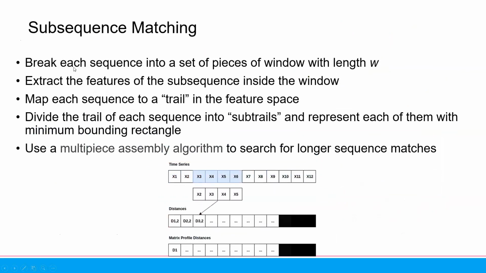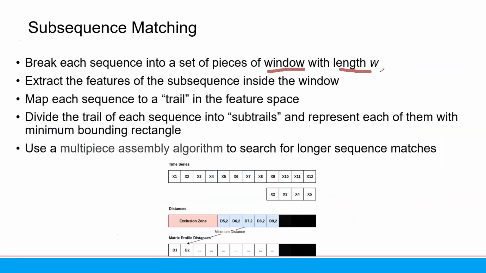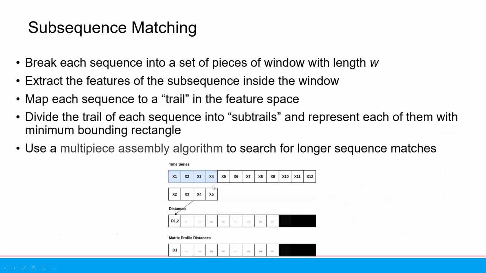So we can break the sequence into a set of pieces of window with length W. So we call it window, and we have the length W. And then extract the features of the subsequence inside the window. So let's say, in this case, I want to see x2, x3, x4, x5. Which subsequence contains x2, x3, x4, x5?